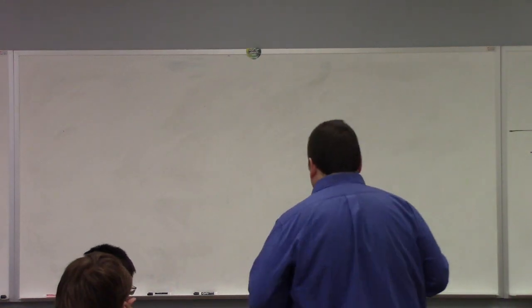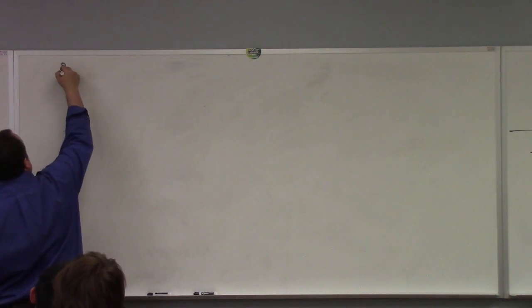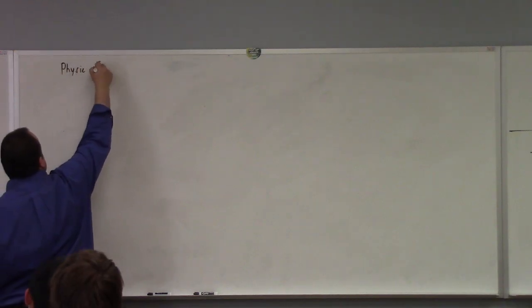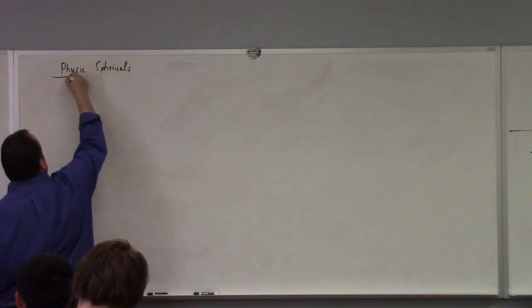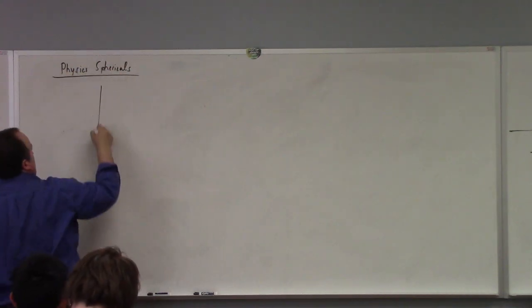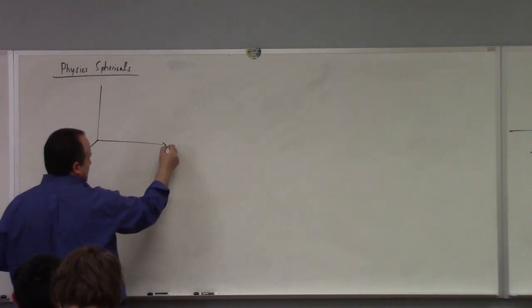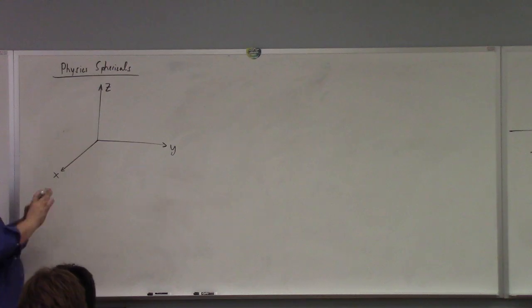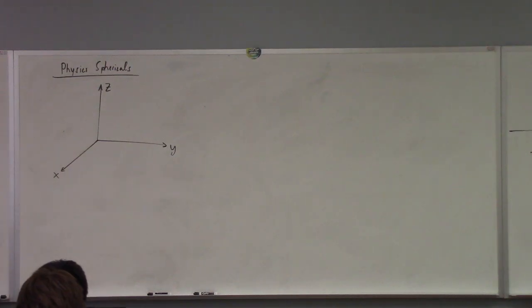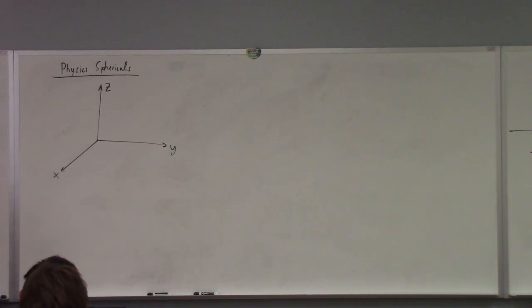Oh, okay. So, let's talk about physics spherical coordinates. Typically this is how we draw the XYZ coordinate system. That's still the same, fortunately. At least physicists haven't decided to go with a different setup for that, thankfully.